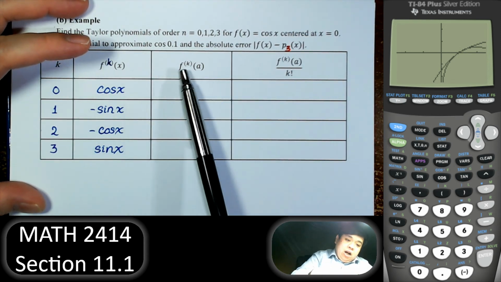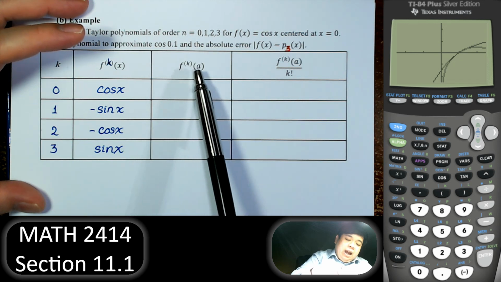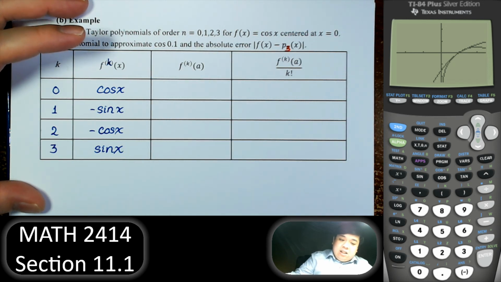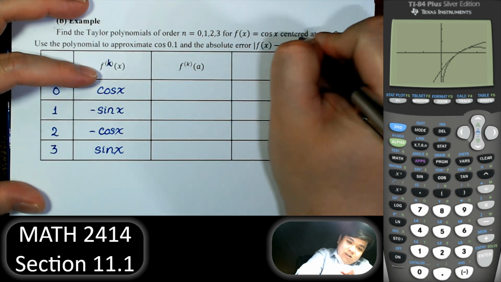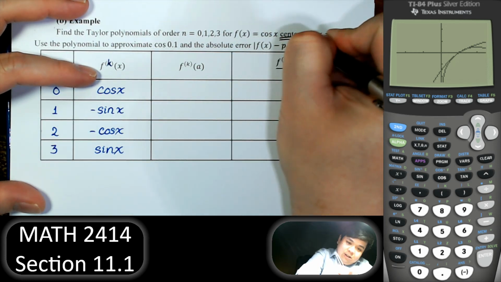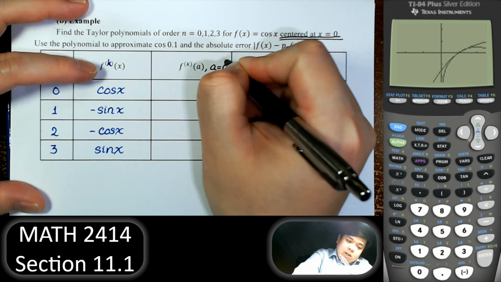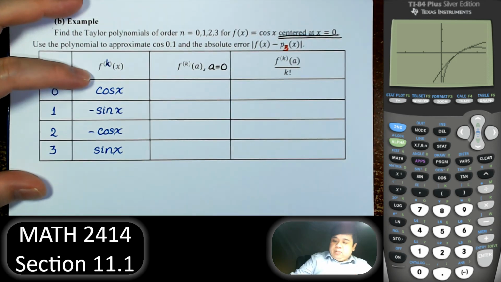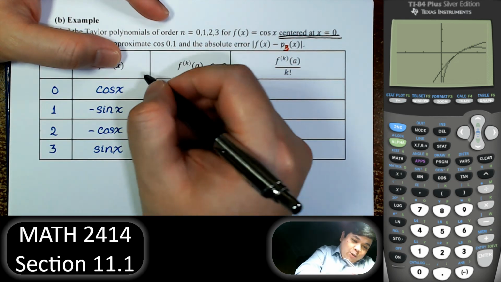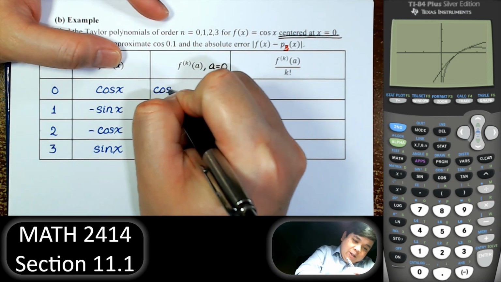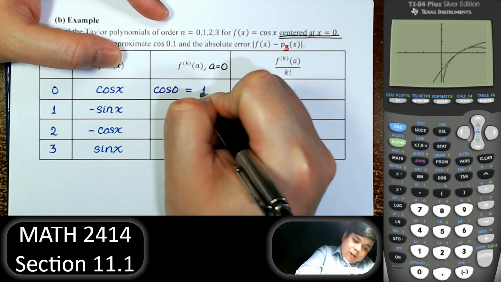Next, evaluate that at a. In this case, since the center is at 0, a is equal to 0. So we're going to put 0 in all of this. So we have cosine of 0 equal to 1.